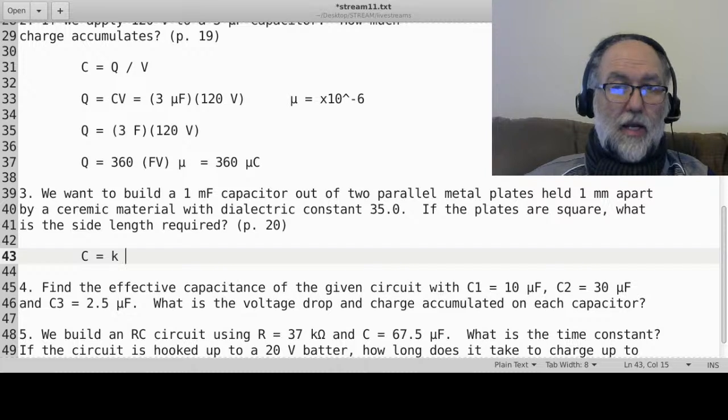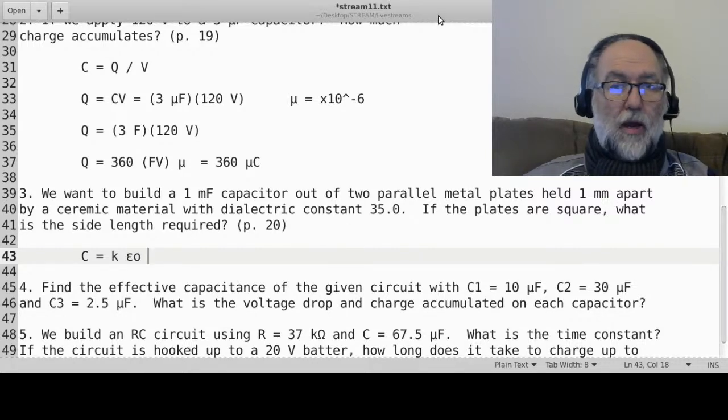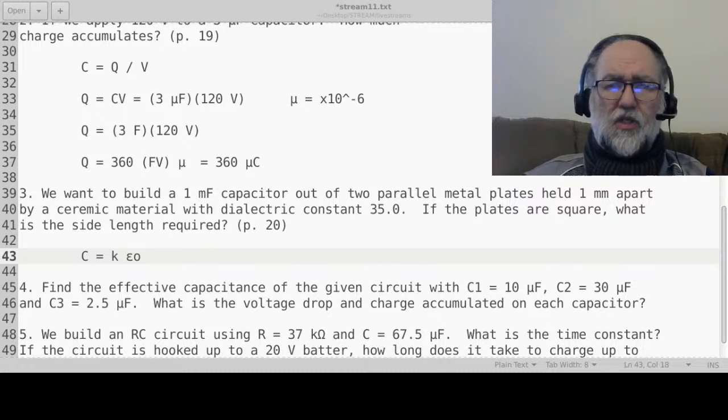And then you have epsilon naught, and let me get an epsilon from my word processor here. Okay, here we go. Paste that in there. Epsilon naught is known as the permittivity of free space. It's a funny kind of name, but the way you should think about it is it's just the ability of space to sustain electric fields, okay?